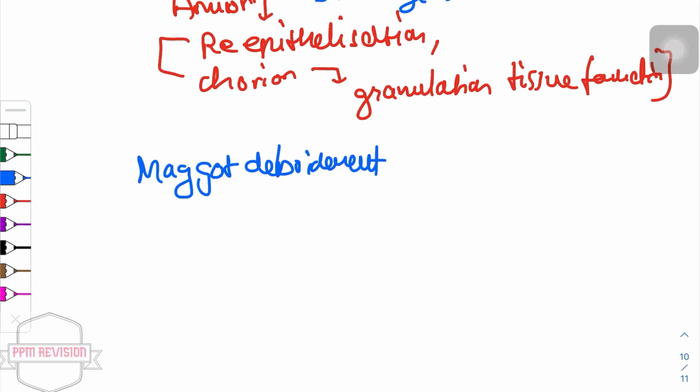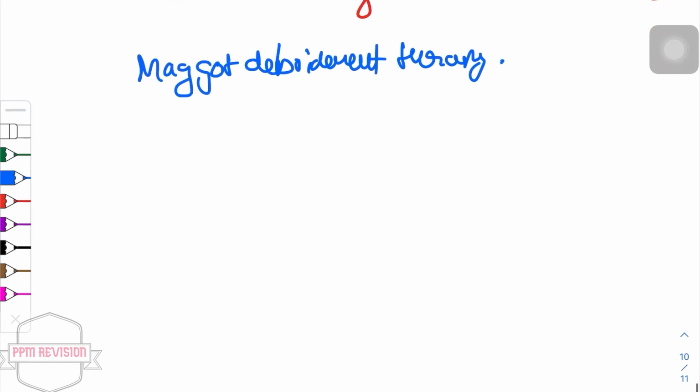Under maggot debridement therapy, it is used as a biotherapy, but not commonly. Live, disinfected maggots are placed in culture, and the maggots are larvae.